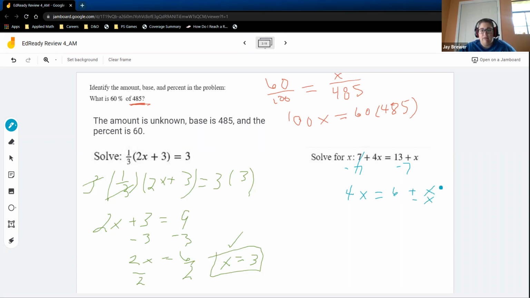I'm going to subtract the x on this side, subtract it on this side. 3x equals 6, divide by 3, and x equals 2. You could plug both of these in up top, and you should get 3 equals 3 for the first one, and 2 equals 2.